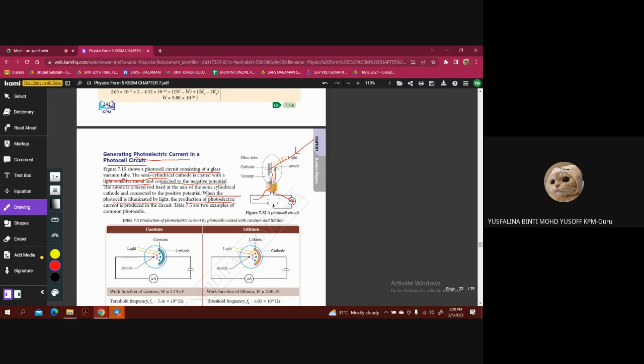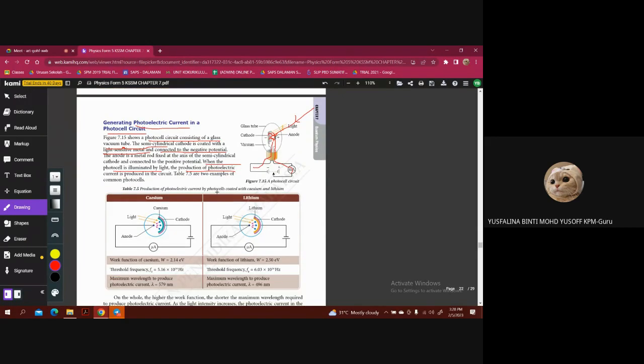Then the electrons move to the positive plate, and the current flows from here to here, but the meter will show the opposite way. This is what is used in the photocell circuit, which uses light.